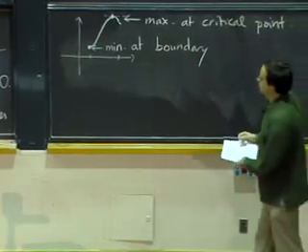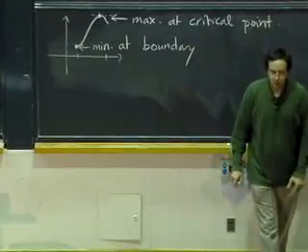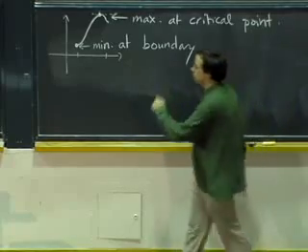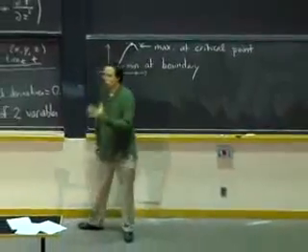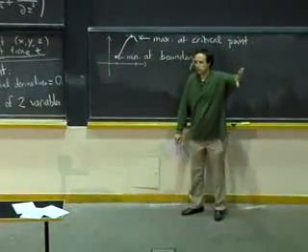So similarly, when you have a function of several variables, say of two variables, for example, then the minimum and the maximum will be achieved either at a critical point, and then we can use these methods to find where they are, or somewhere on the boundary of the set of values that are allowed.